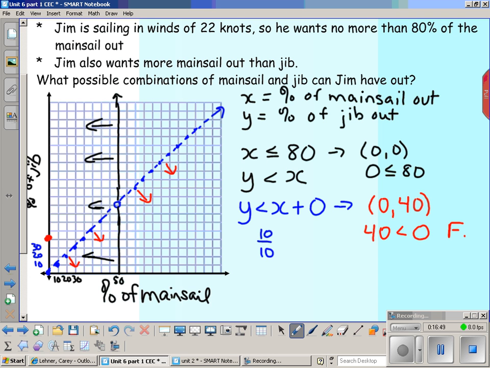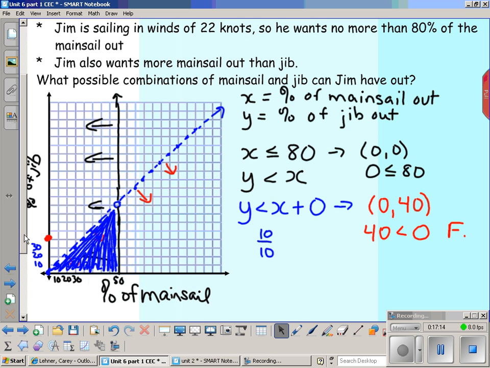So we're shading this region. And as you can see, our overlap is down in here. Remember, with the open dot at the intersection. And because it has to be in the positives, it's only above the x-axis.